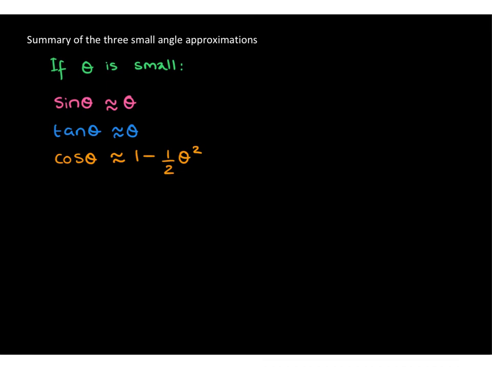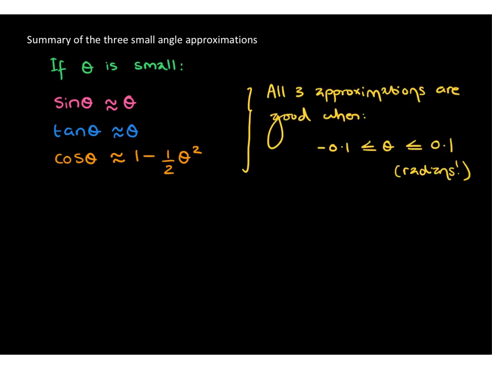Now you can see a moment ago I substituted in 0.3 and got an excellent approximation for cos theta. I've used 0.2 previously for sine theta and tan theta and also got very good approximations. But all three approximations are excellent when theta is between minus 0.1 and 0.1 radians. And remember, for any of these approximations to work, your angle has got to be in radians.